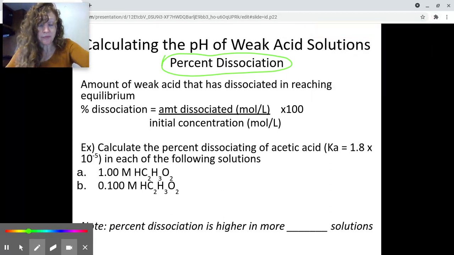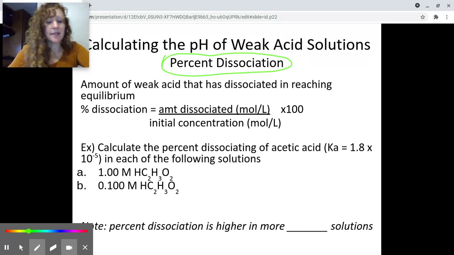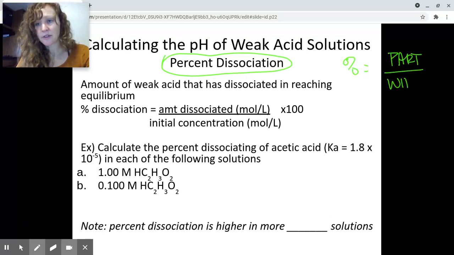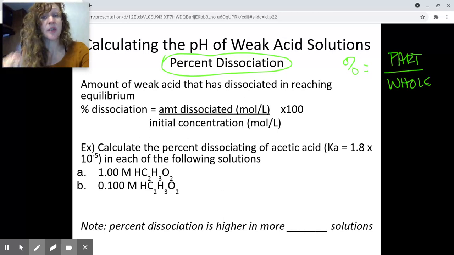Okay, so when we talk about percent dissociation, remember any percent is always going to be a part out of a whole, right? So that's what we're talking about too. What part dissociates out of the whole amount that was initially present? That's what percent dissociation would be.